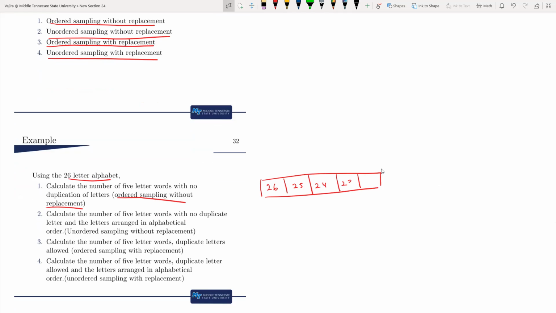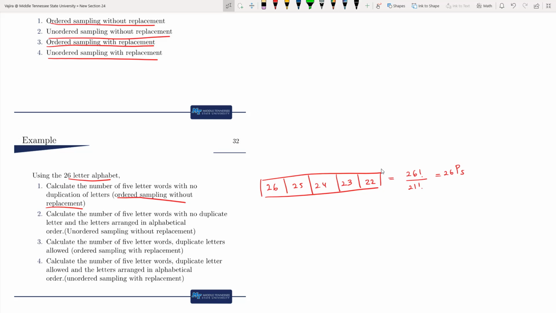Next one, 23. Next one, 22. If you look at this number, this is basically 26 factorial divided by 21 factorial. In other words, it's 26 P5.